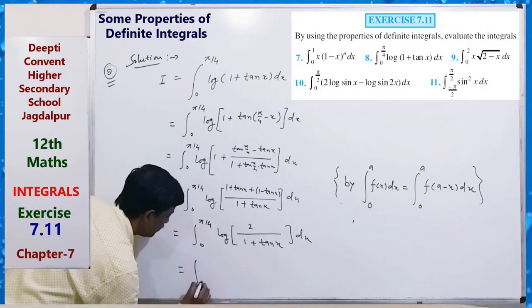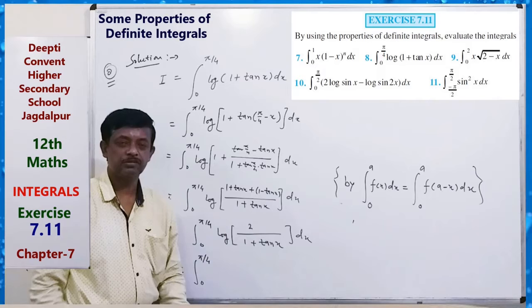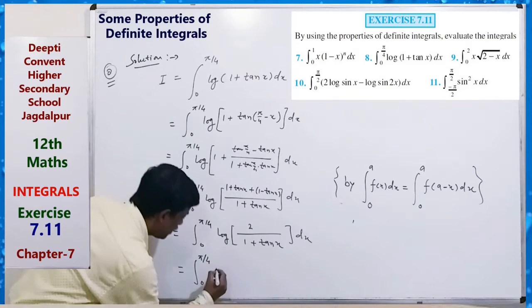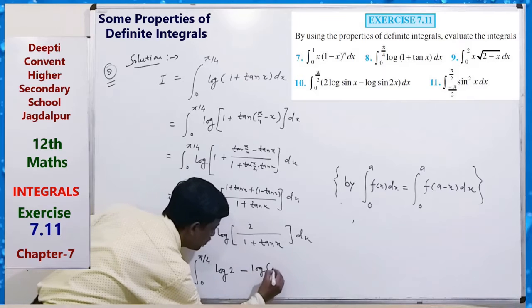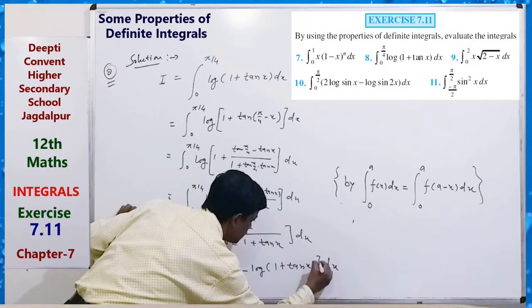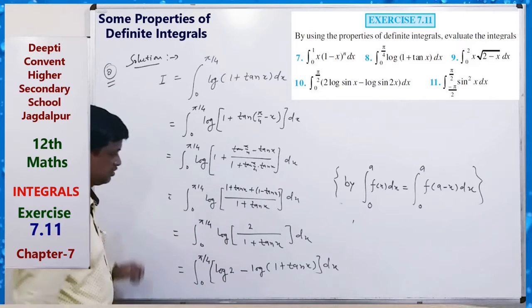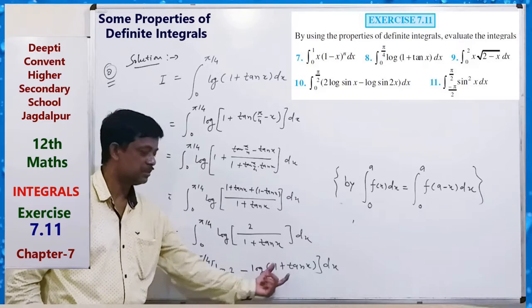Now log a by b equals log a minus log b. So we can write log a minus log b. Now distribute it, integrate this and integrate this.